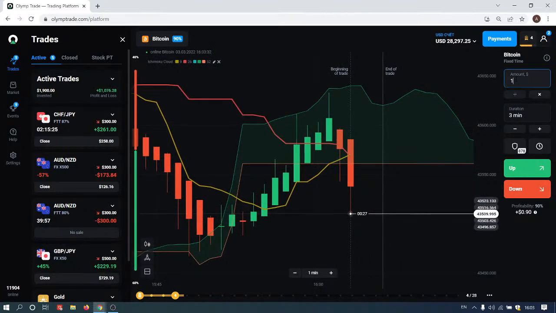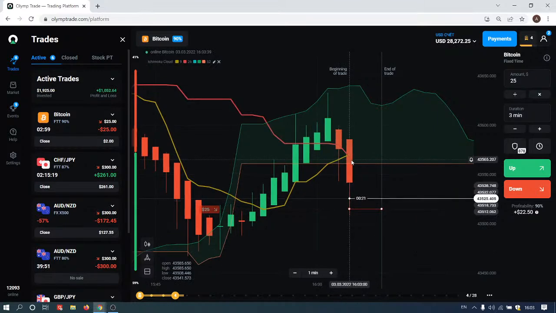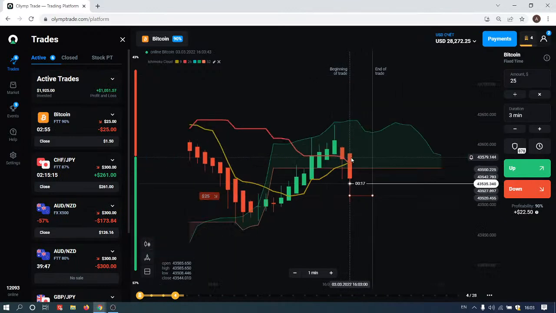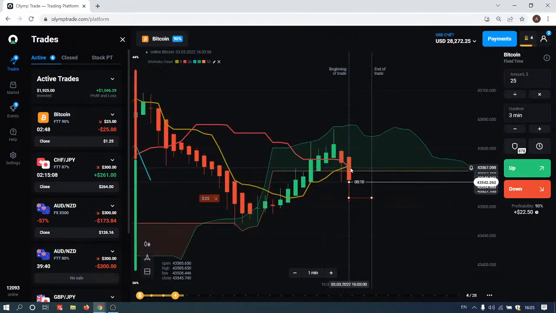Oh yeah, by the way, we have our first trade right now. Sorry that I opened it that fast. Whenever I see a signal, I just go ahead and open the trade.